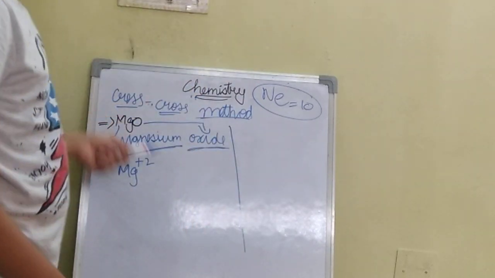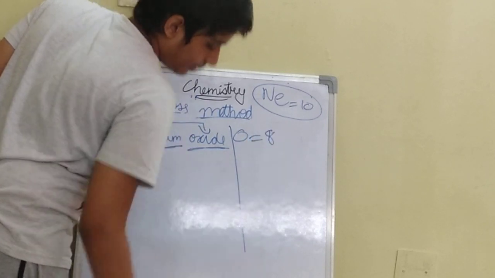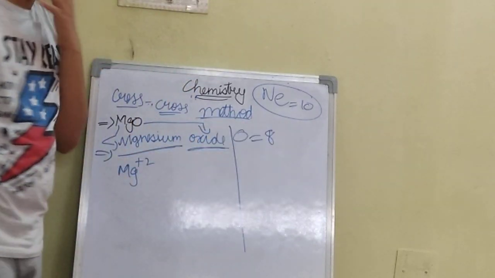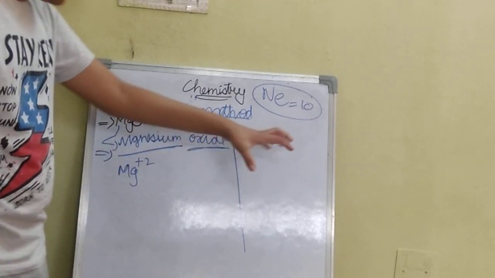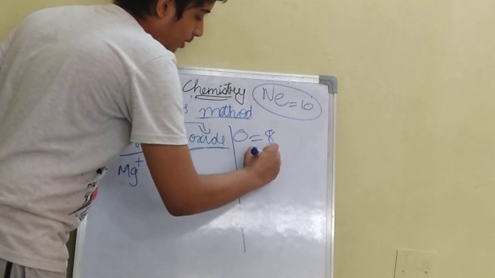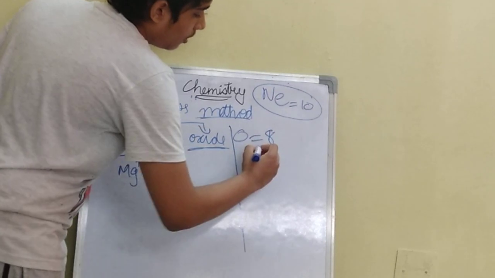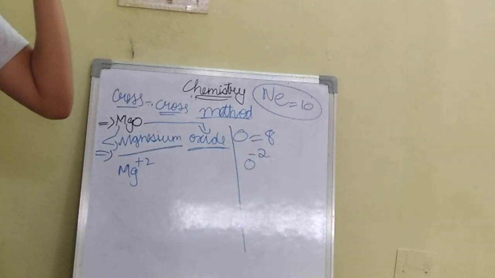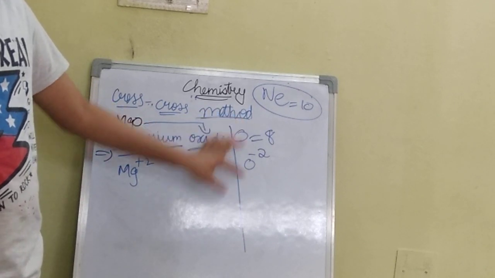What is the atomic number of oxygen? 8. Atomic number of oxygen 8. To make it stable, again it is near to the neon. To gain electrons, we should keep O minus 2.